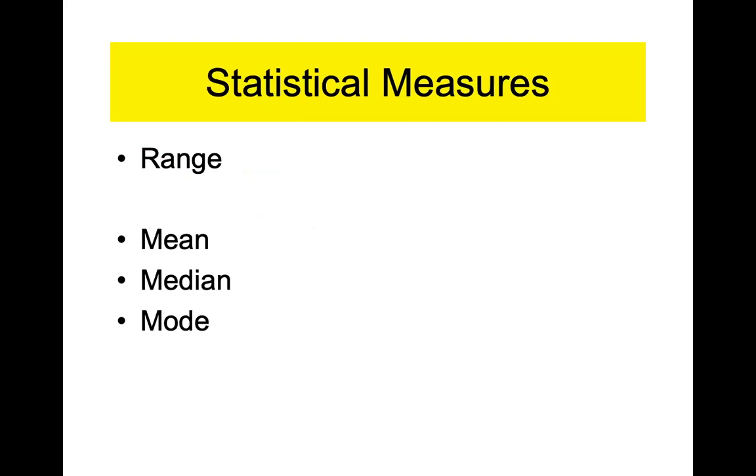All right, so we've already done range, mean, median, and mode. Remember the 3 with the M's we call measures of central tendency. They find the middle. Remember, we do the mean when there is not an outlier. We do the median when there is an outlier, or outliers, plural. And the mode is when we just want to find which number is repeated the most.